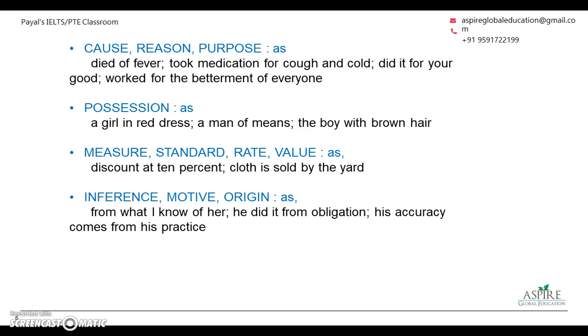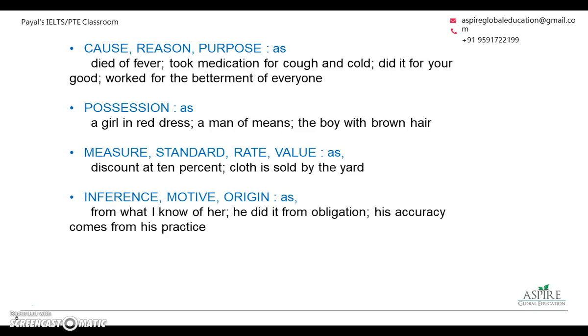Now, possession: the girl in red dress, a man of means, the boy with brown hair. So here in, of, with, they're all your prepositions. Sometimes it is used to indicate a measure, standard, rate, or value. I discounted your dress at 10%. So that's the rate, at. The cloth is sold by the yard. By. Inference, motive, origin.